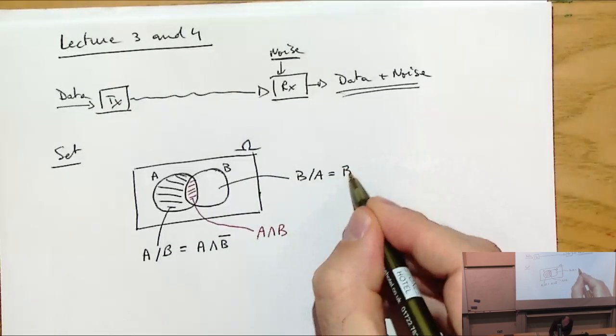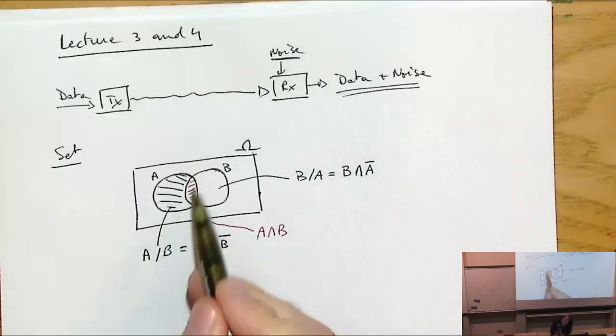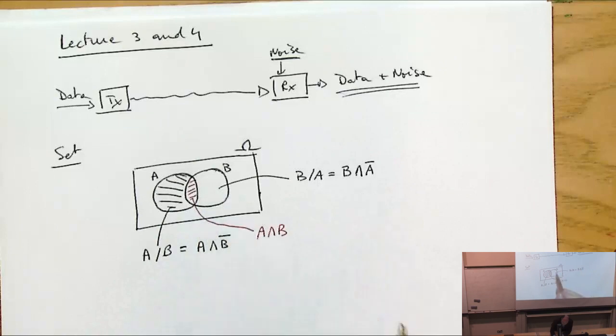And you can say this is the same as B intersection not A. So you take the complement of A and you take the intersection with B.